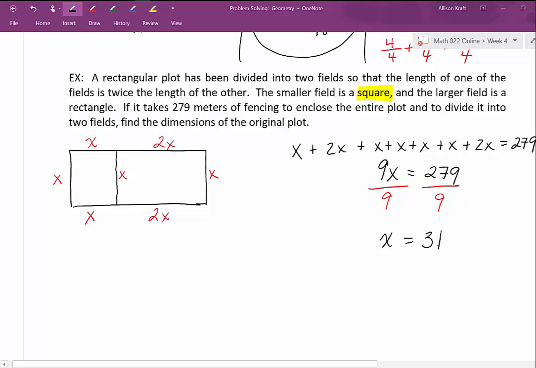We want to go back and reread our original problem. They asked us to find the dimensions of the original plot. Well, the original plot is this here. So the original plot is 3x long and x wide.